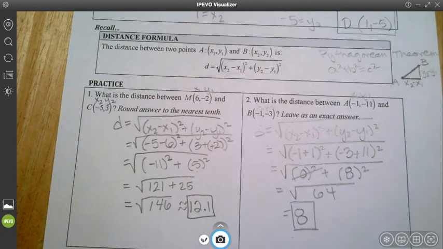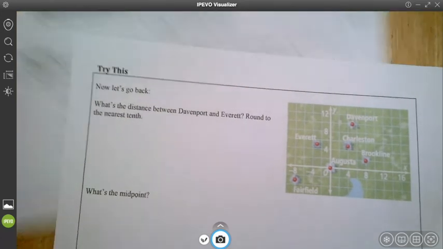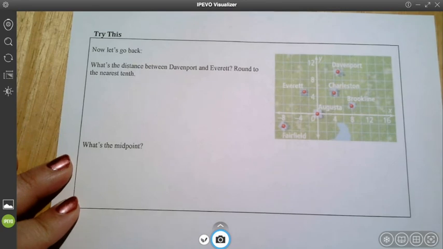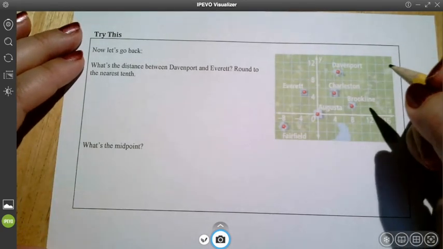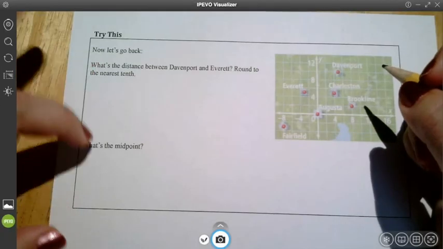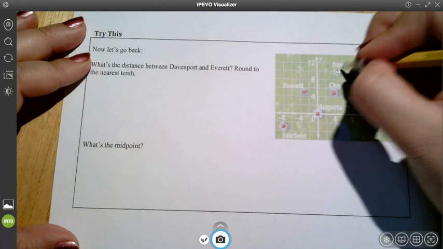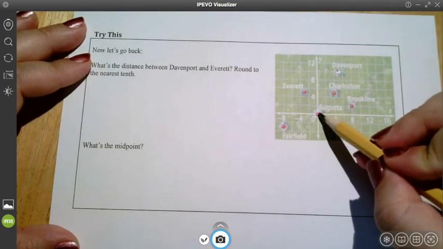The last page is a try this. Okay, and I'm just going to show you how to start it because I'd like everyone to use the same coordinates. And so this is that example we were looking at earlier, but we're going to calculate the exact distance and midpoint this time. And so for Davenport, we're using the coordinates. So each line represents 2.